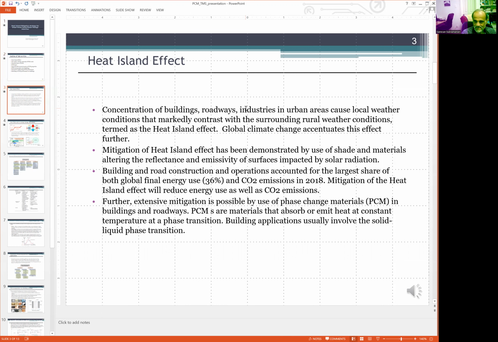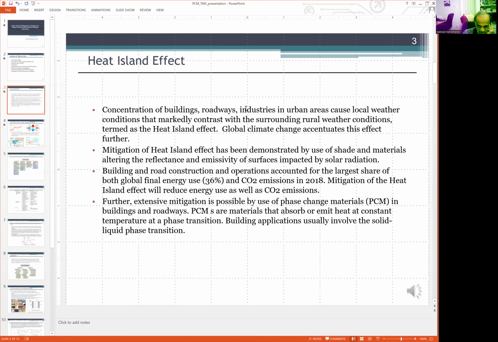Now, the mitigation of the heat island effect has been demonstrated and to some extent implemented through the use of shade and materials that alter the reflectance and emissivity of surfaces impacted by the solar radiation. Now, considering that building and road construction and operation accounted for the largest share of both global final energy use, it's about 36%, and the similar percentage for the carbon dioxide emission in 2018.